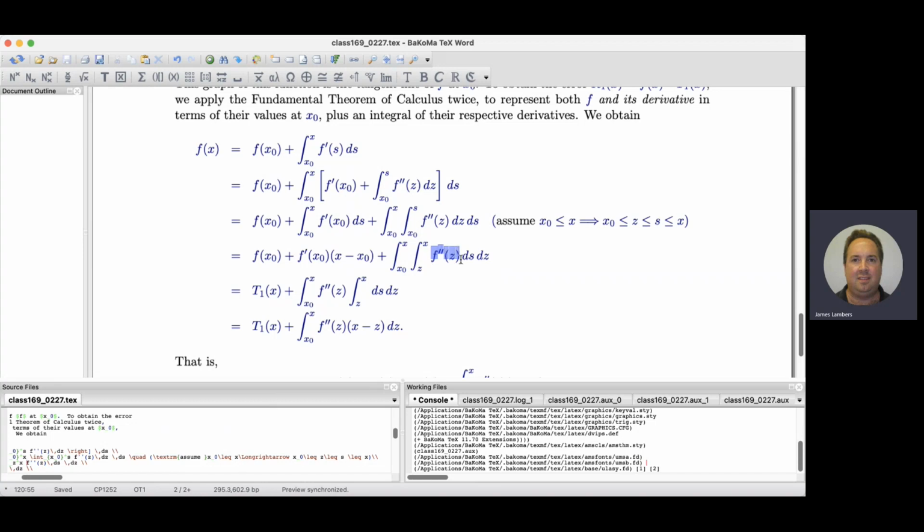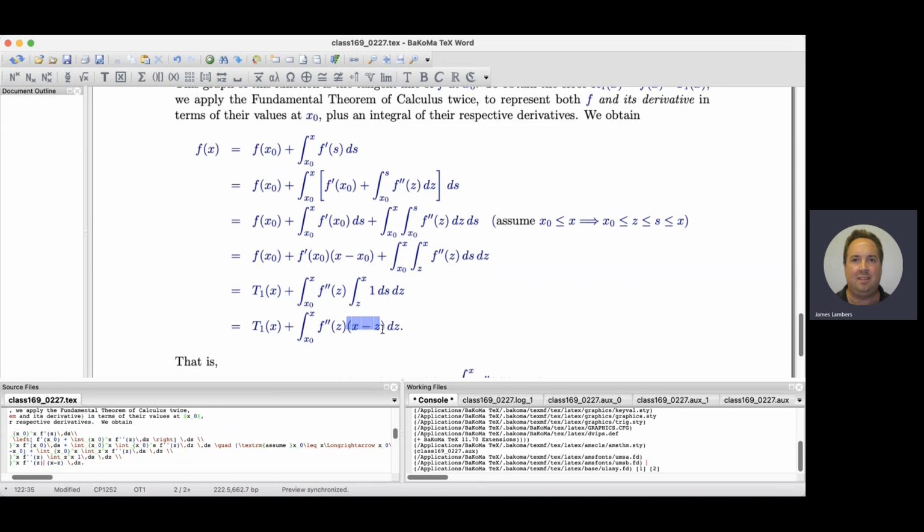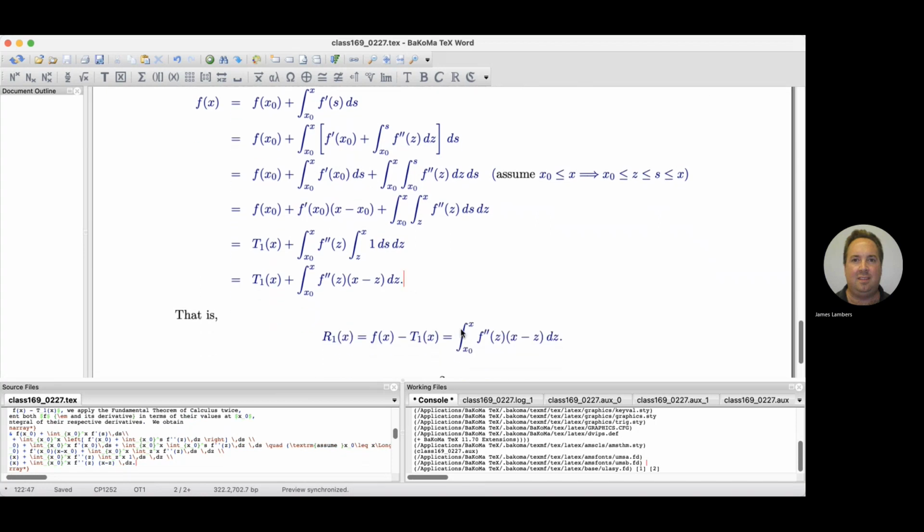So I'm allowed to move this out here, outside the inner integral. So now I'm integrating 1 ds from z to x. So that just gives me x minus z. So now I have this form of a remainder, of the integral form. But again, that's not all that practical.